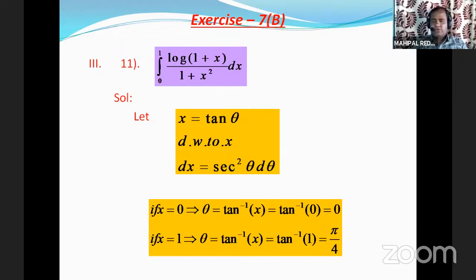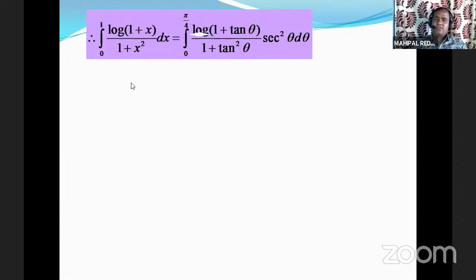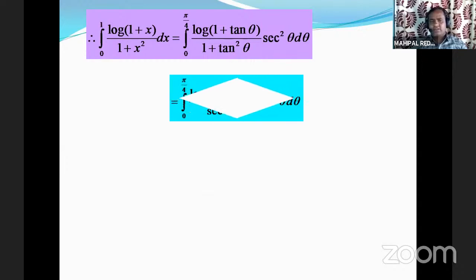Lower limit is 0 with respect to x as well as 0 with respect to theta, and upper limit is 1 with respect to x, then pi by 4 with respect to theta. When we substitute, it becomes integration 0 to pi by 4 log of 1 plus tan theta by 1 plus tan square theta into sec square theta d theta.